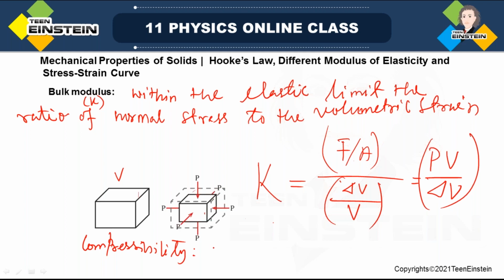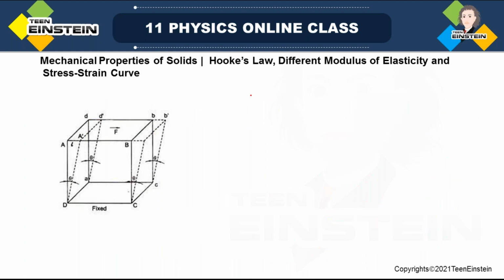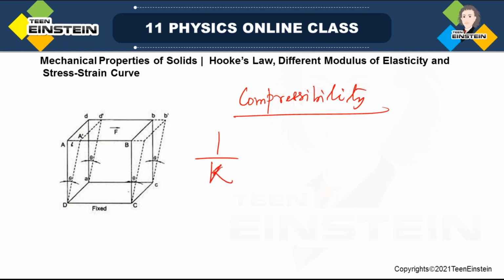Compressibility is the reciprocal of bulk modulus, that is 1 by K. We have to write the bulk modulus first, and then we will see what compressibility is.